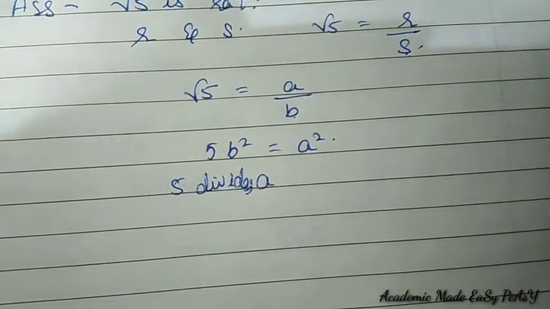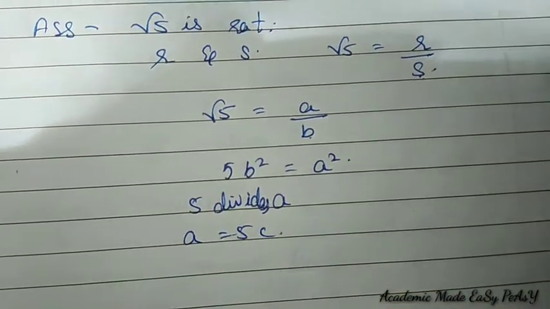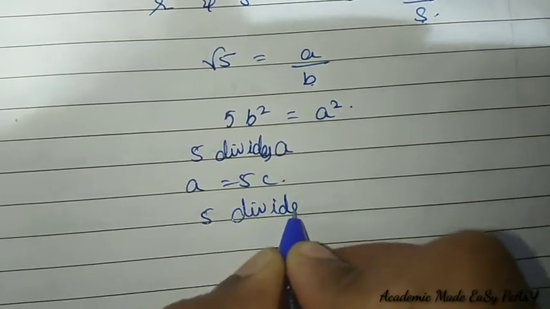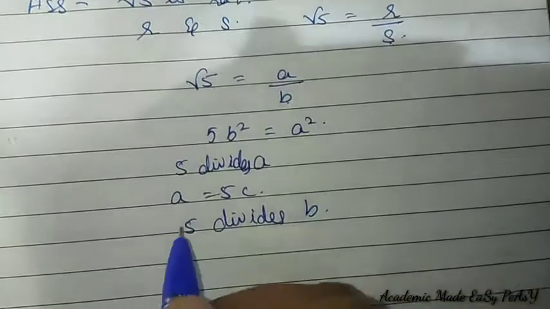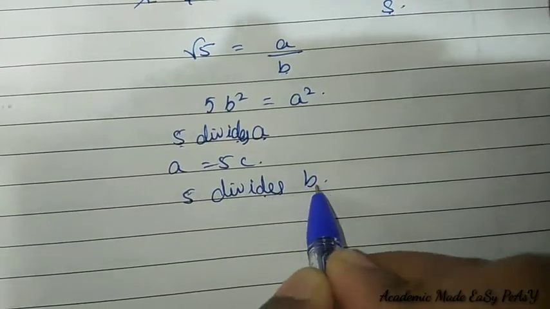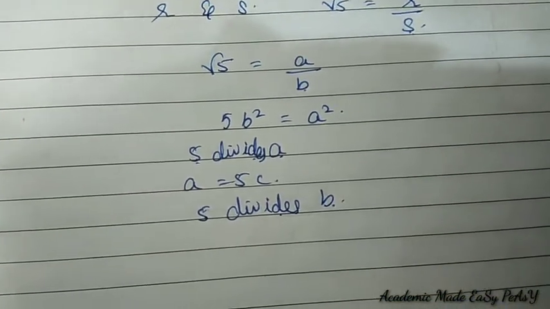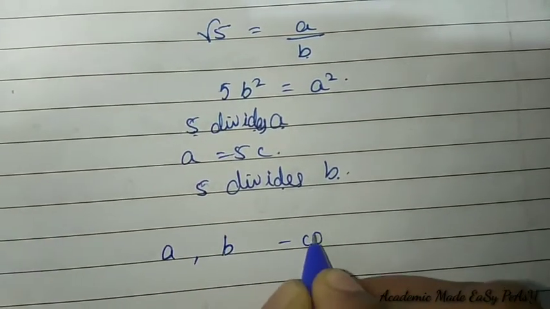By taking a is equal to 5c, we proved that 5 divides b also. So first we proved that 5 divides a, then 5 divides b also. Then we mentioned that a and b are co-prime numbers.